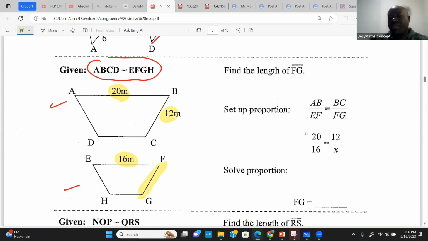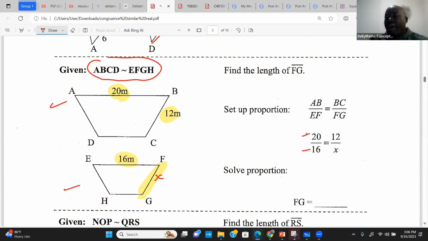What we could do is to set up a quick equation linking the two ratios because they would produce the same scale factor. So if I say 20 over 16, it is going to equal 12 over FG, which is what I call X.